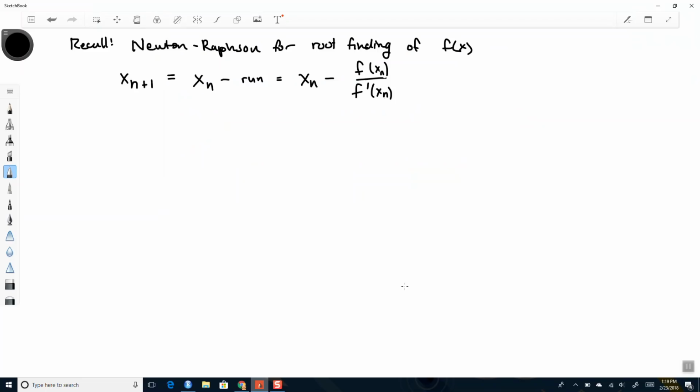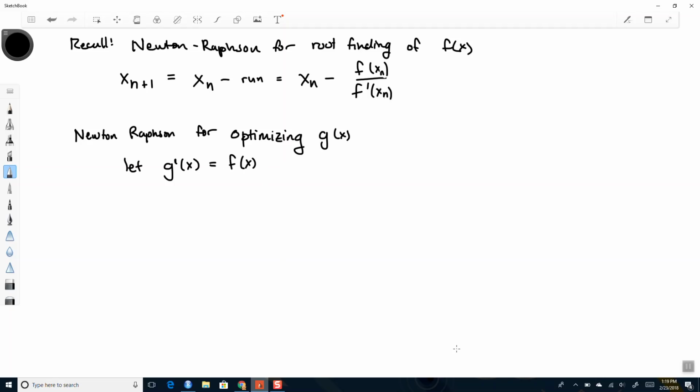All right, so that's Newton-Raphson for root finding. Let's do Newton-Raphson for optimizing g of x. We will let g prime of x equal f of x. We're going to do basically the exact same algorithm.